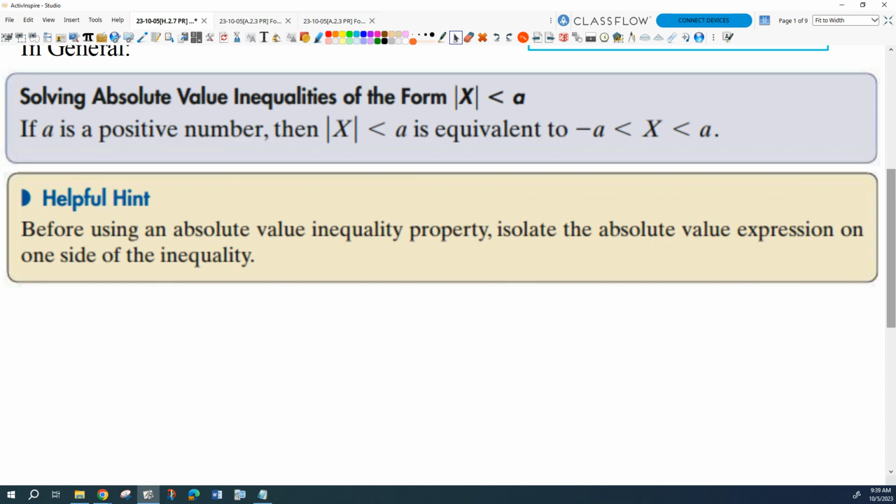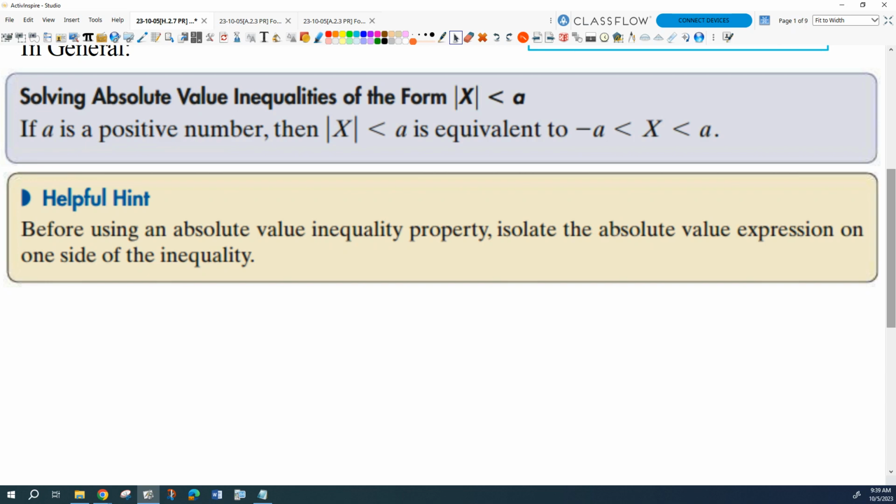We traded the single absolute value equation for 2 separate regular equations that we could easily solve. Didn't we always just split it? Same thing today. We're trading a single absolute value inequality for 2 regular inequalities that just happen to form an and compound inequality. Compound just means more than one.